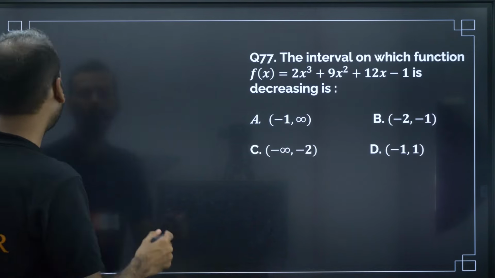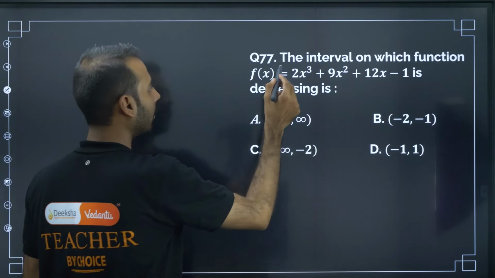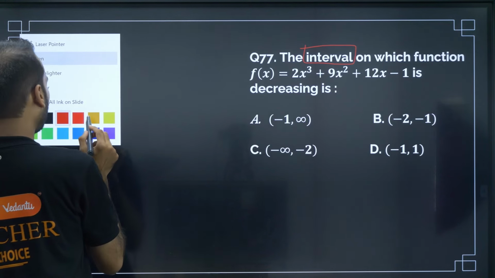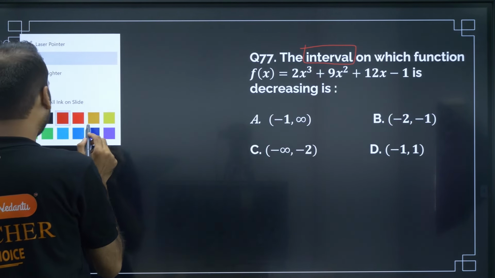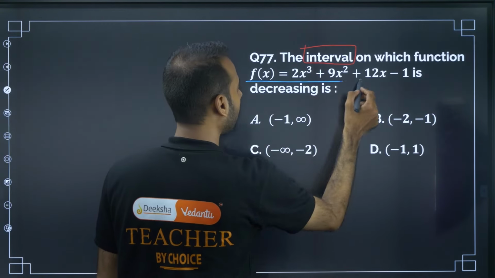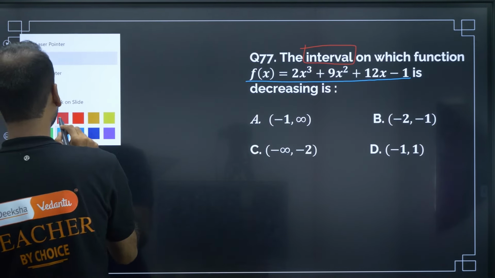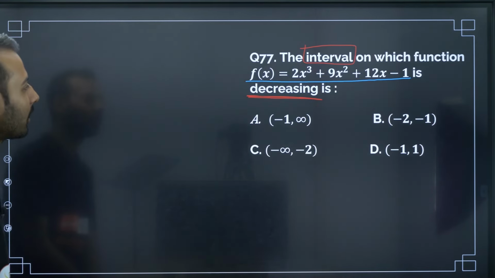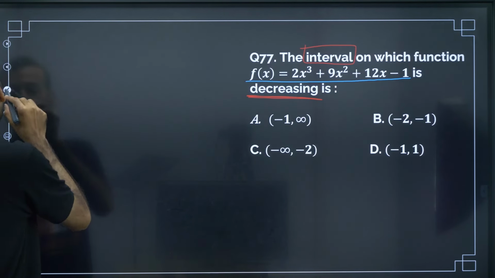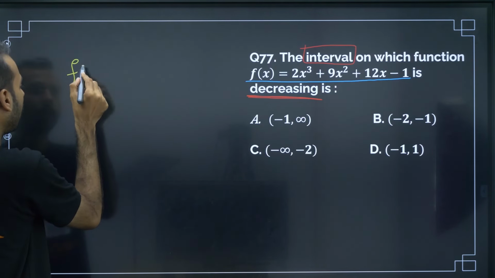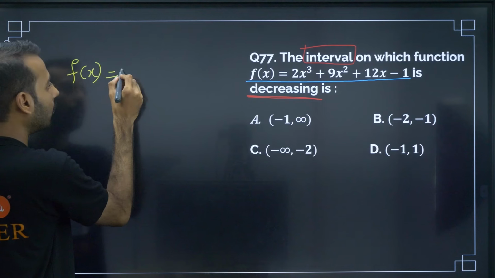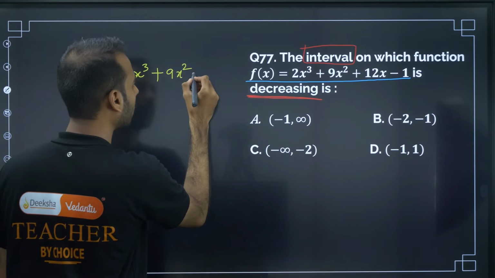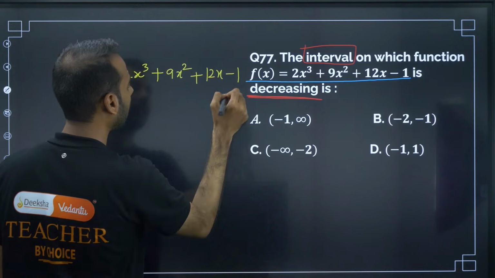The interval on which the function is decreasing. So what are they talking? There is one function, that function should decrease, the interval on which the function is decreasing is. So first let me copy and paste that function: 2x cube plus 9x square plus 12x minus 1.